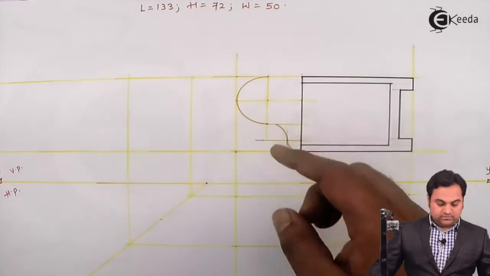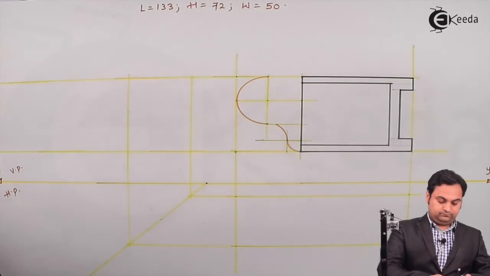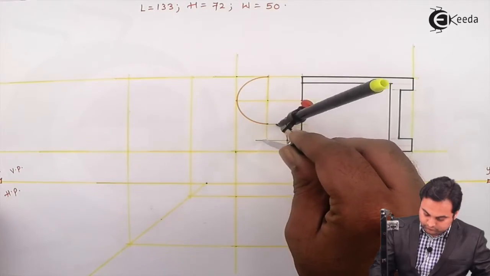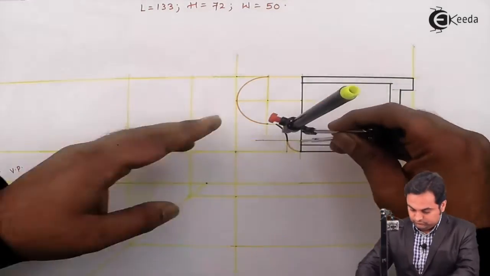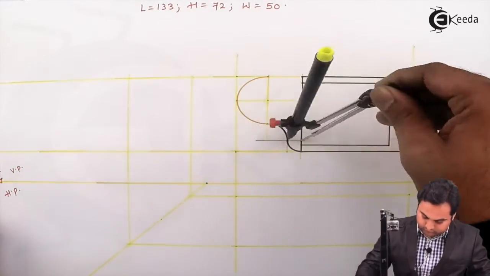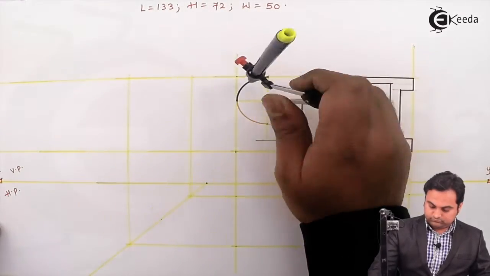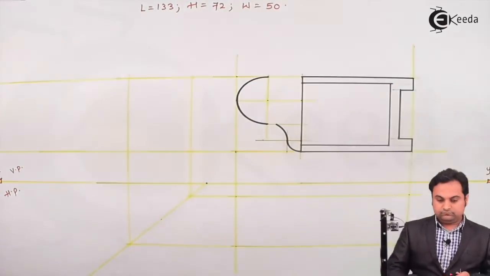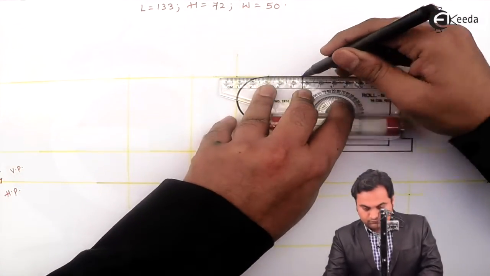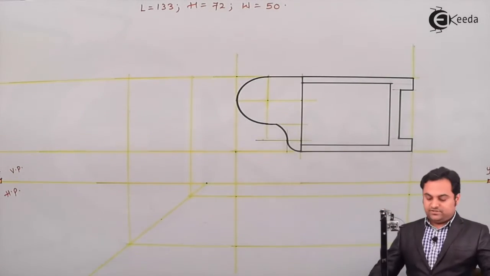Next, I'll make these arcs also dark. Then there is a circle.